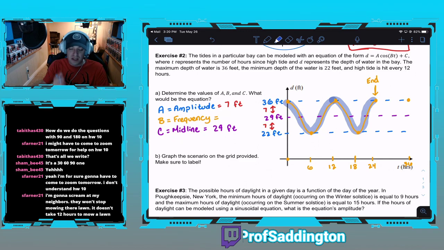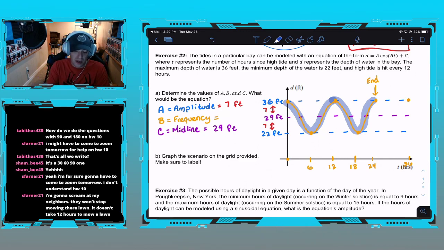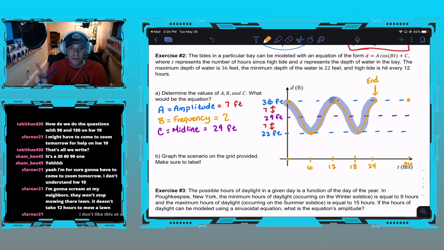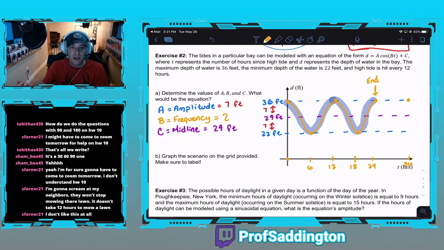So from 0 to 24, the frequency is 2. Okay, so the frequency is 2. We can figure this out by using the formula, 2 pi over b, and we can break it down that way and find it that way. But I'm just showing you guys that it's just 2.